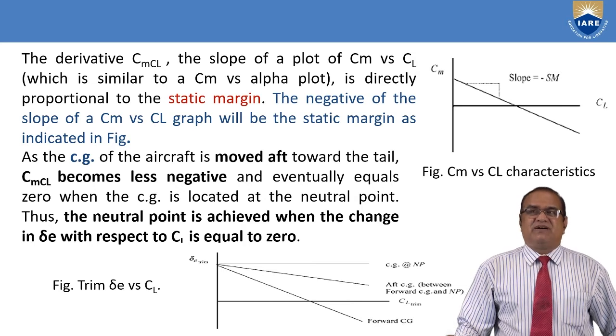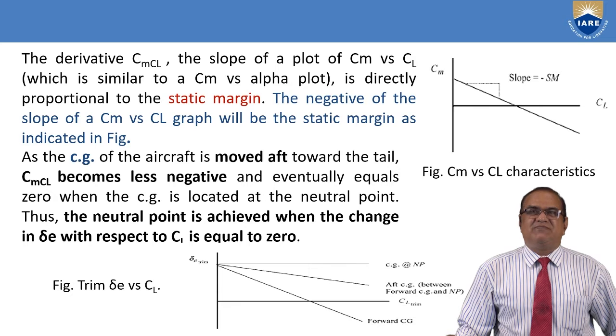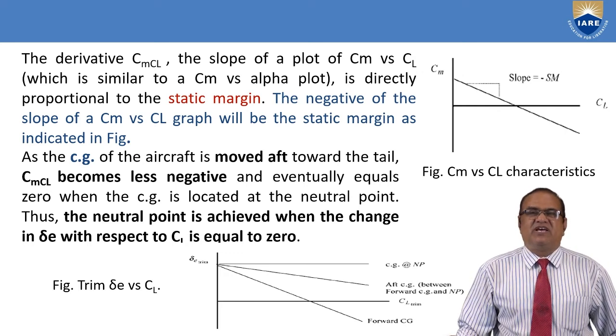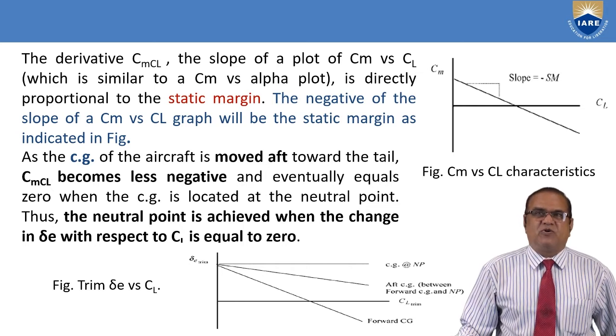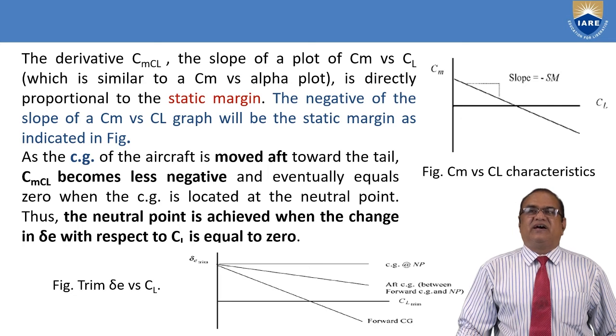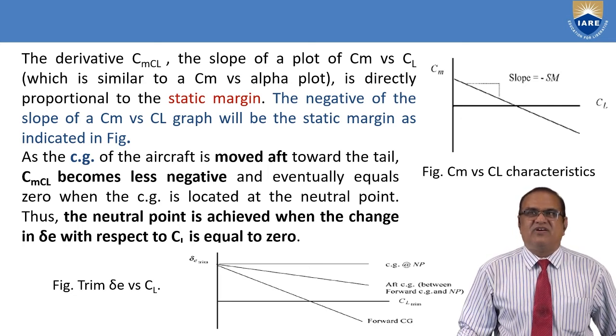Next, a plot of Cm versus Cl is drawn here. The derivative dCm/dCl, the slope of a plot of coefficient of moment versus coefficient of lift, which is similar to a Cm alpha plot, is directly proportional to the static margin. The negative of the slope of a Cm versus Cl graph will be the static margin as indicated in the figure.